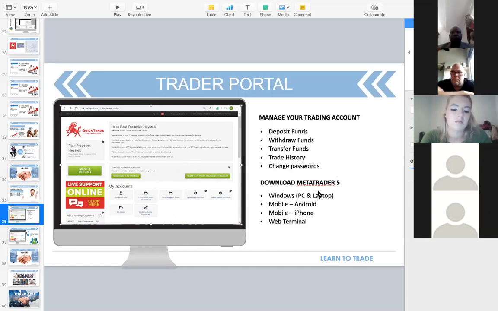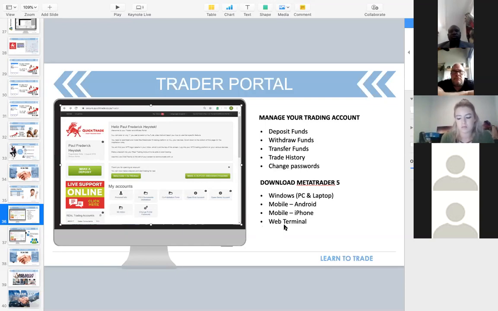When you become a client and you want to download MetaTrader, you can from your portal download MetaTrader for a Windows PC or laptop, Android mobile, iPhone, or iPad. Most of the Apple MacBooks do not support the MetaTrader app itself in general.